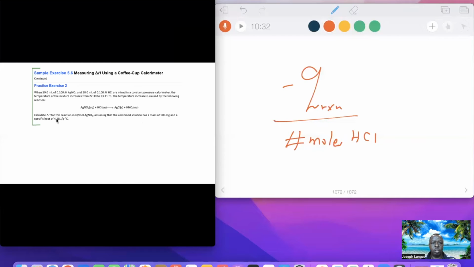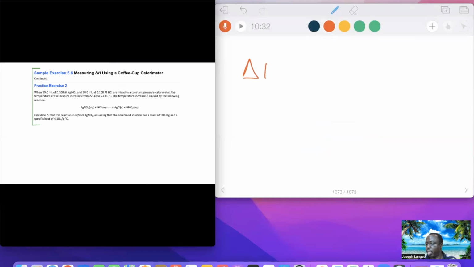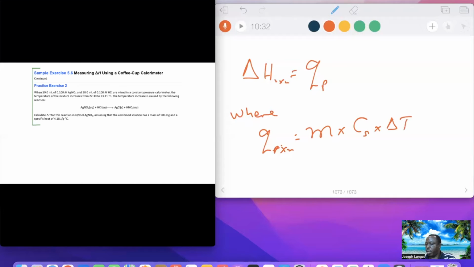The specific heat is given here. Calculate the enthalpy change for this reaction in kilojoules per mole of silver nitrate. The change in enthalpy for the reaction is the same as Q at constant pressure, where Q for the reaction is the mass of the solution times the specific heat times the change in temperature.